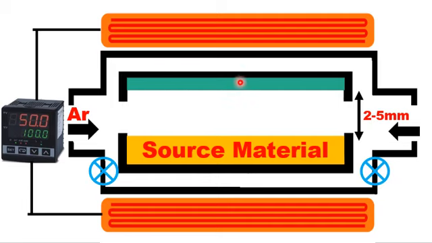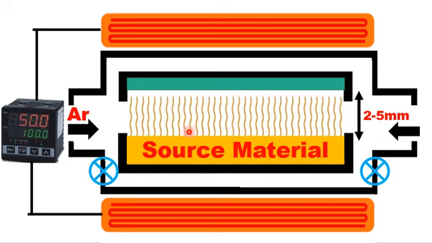Now, dear student, when the temperature of the heater, through a temperature controller, reaches the melting point of the source material, this will result in evaporation of the source material. So the source material at the surface will be converted into gaseous molecules.